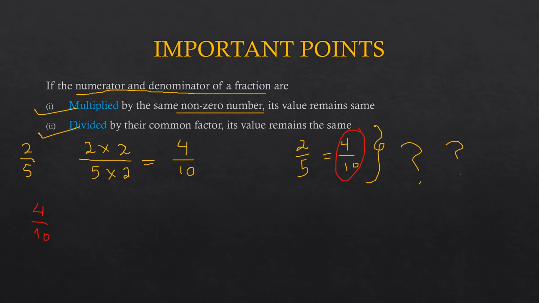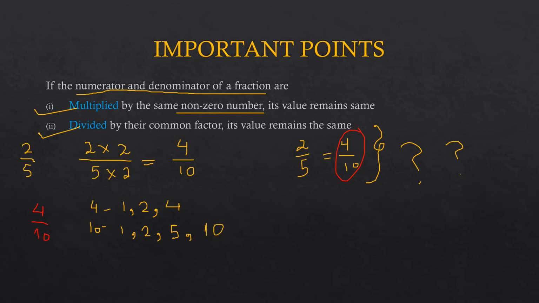In 4 by 10, first of all we will write the factors of 4 and factors of 10. The factors of 4 are 1, 2, and 4 itself. For 10, 1 is a factor, 2 is, 3 is not, 4 is not, 5 is, yes, 5 is a factor of 10, and 10 itself is a factor of 10.